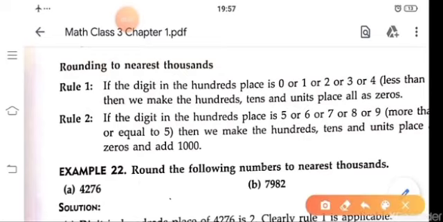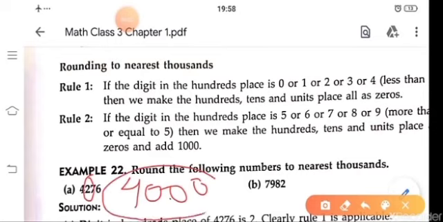Like see, 4000, in place of 2 we write 0, in place of 7 we write 0, in place of 6 we write 0. So if a number is less than 5 at the position of 100, we'll make all the 3 places 0, hundreds, tens and ones.